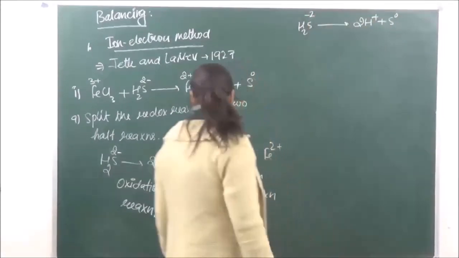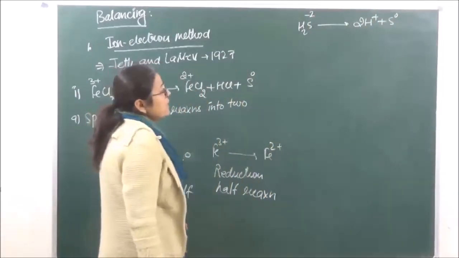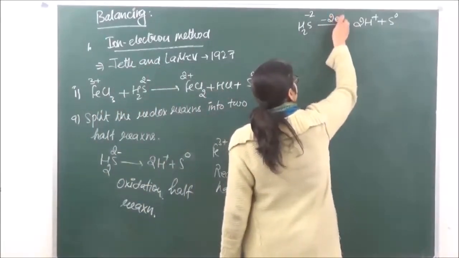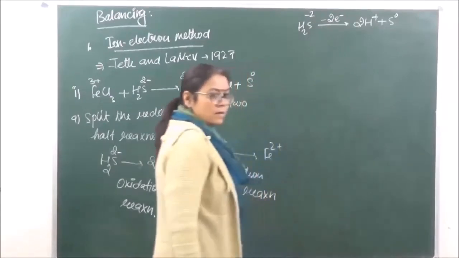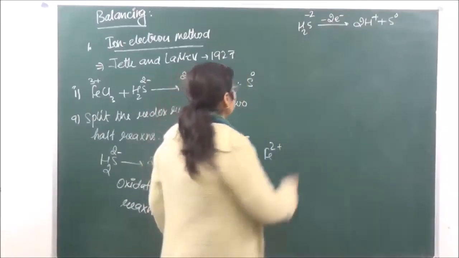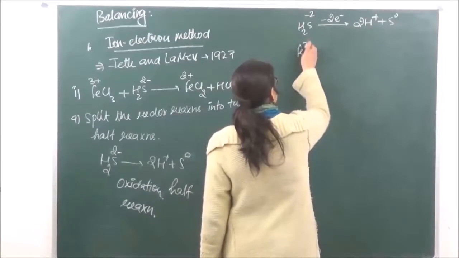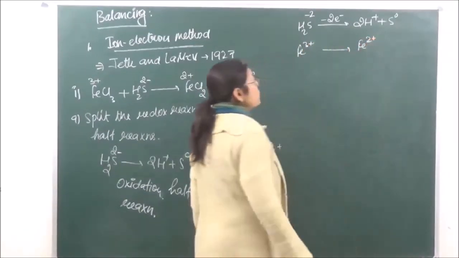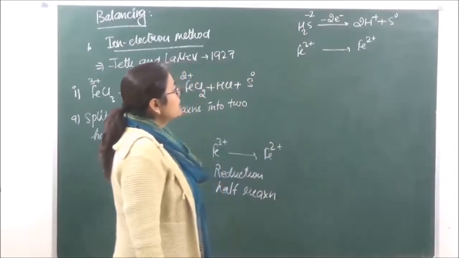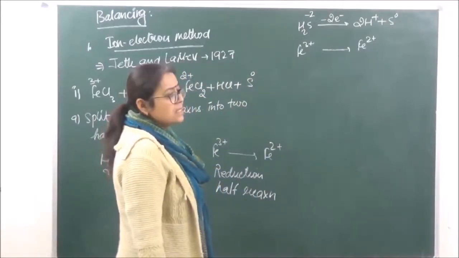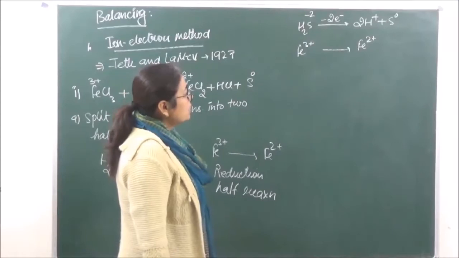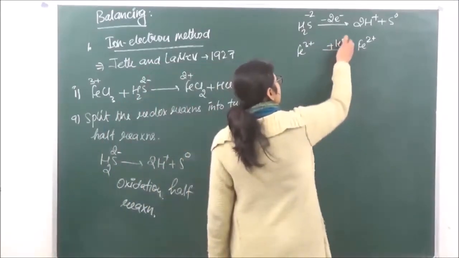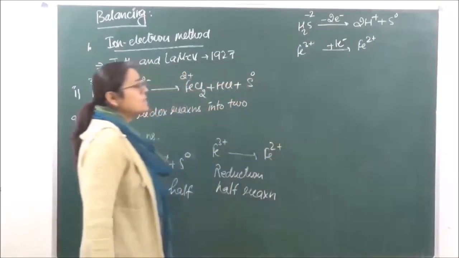So this is the oxidation half reaction, which means there are going to be 2 electrons lost. Then similarly Fe3 positive is being converted to Fe2 positive. So over here what is happening? There is a gain of one electron, because reduction is taking place. So we can write it as plus one electron.